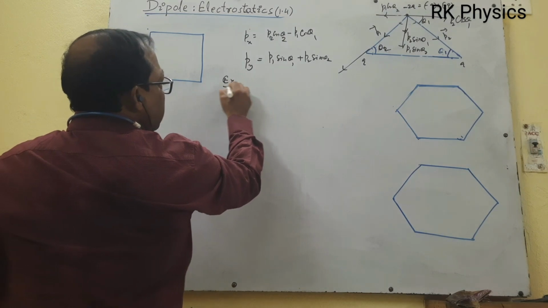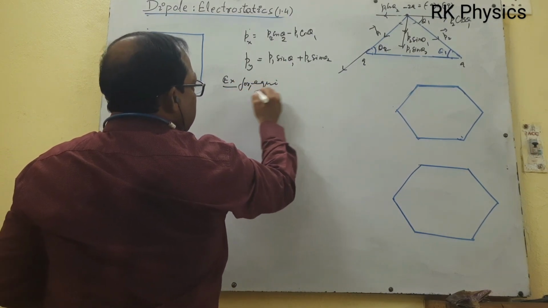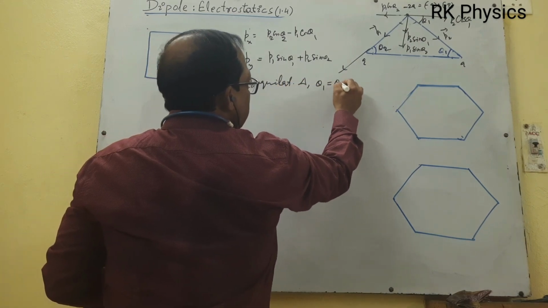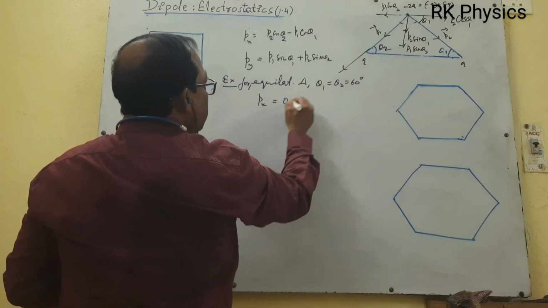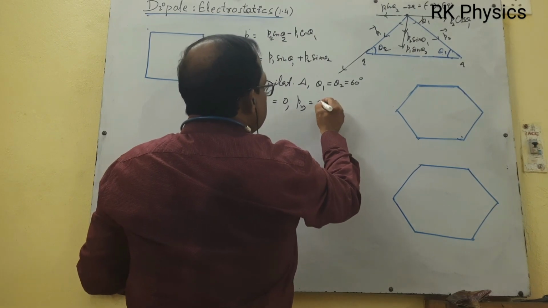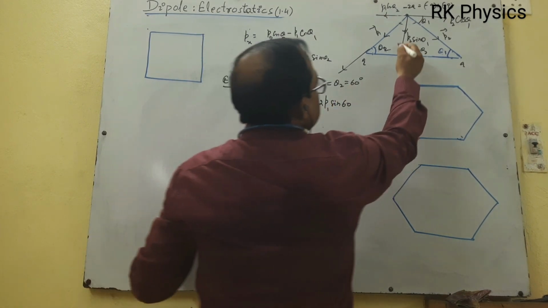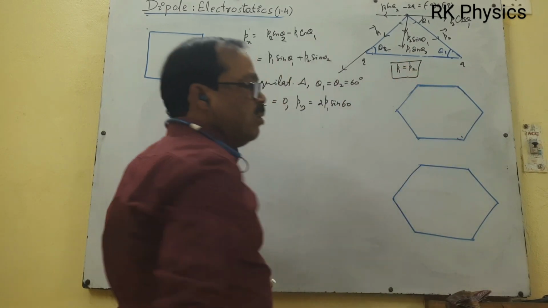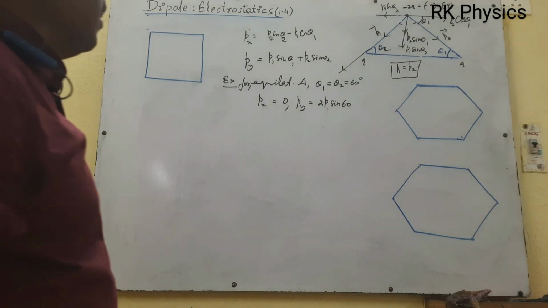For example, if the triangle is an equilateral triangle, theta 1 equals theta 2 equals 60 degrees, therefore Px becomes 0 and Py becomes 2 P1 sin 60. Now here the magnitude of P1 equals the magnitude of P2, because the distance between the charges is the same, whatever may be the angle.